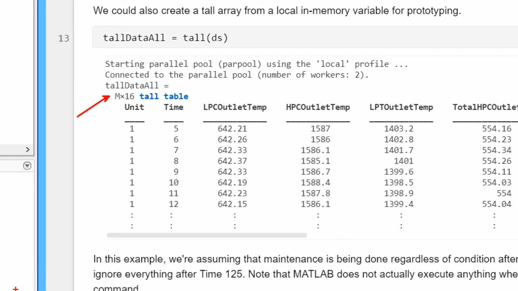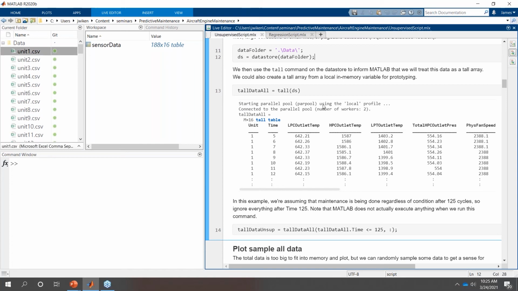M is just a placeholder in this case. We don't actually know the number of rows, and it doesn't actually care. The tall array will work whether M is 100,000 or 100 million. It will handle, underneath the hood, what it needs to do in order to deal with that.